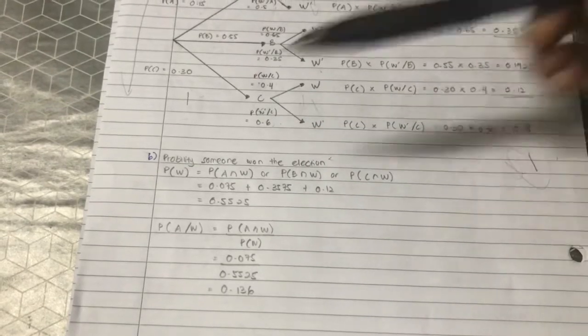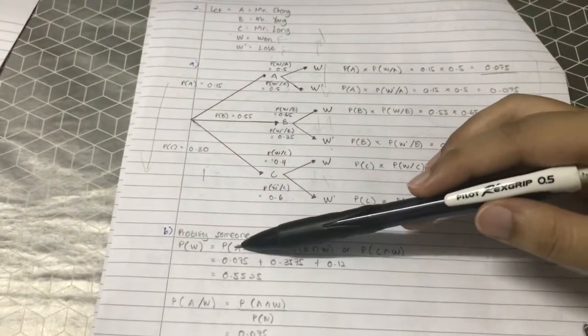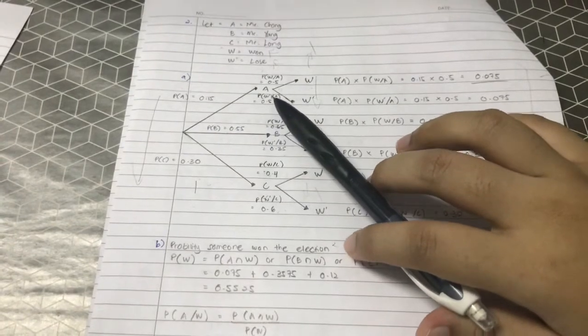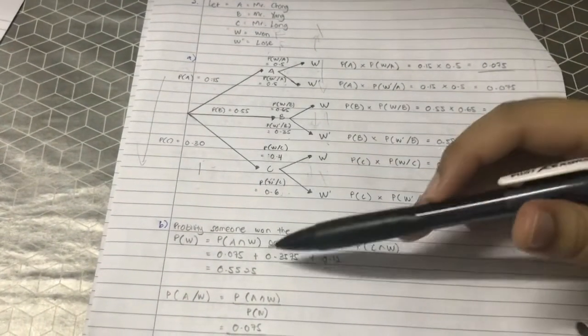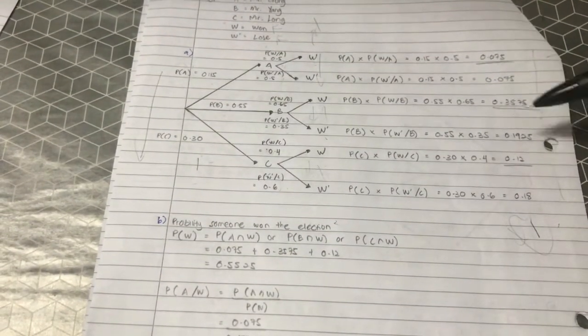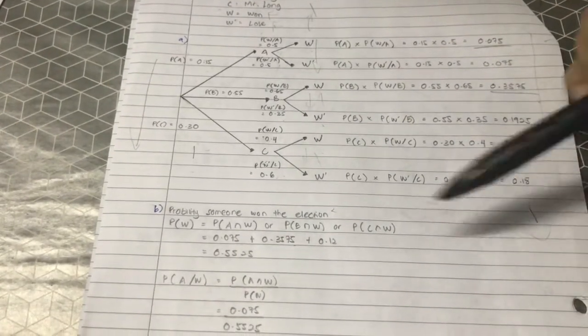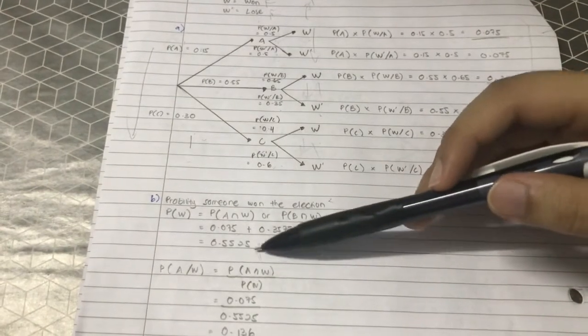So you put PW, the probability to win, equal to the numbers you find from the tree diagram. A win, you get 0.05. For B win, you get 0.3575, and for C you got 0.12. So you add the numbers and you will get this answer.